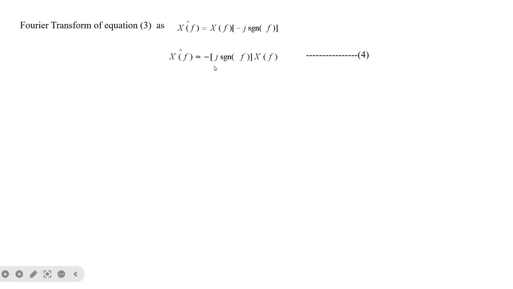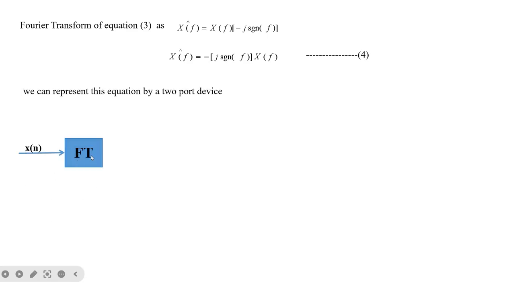Now we can represent this equation by a two-port device where the input will be small x of t and the output will be x cap of t, that is the Hilbert transform of x of t. So here what we'll do is we will take a signal x of t. Then we are finding the Fourier transform of this, so we'll get X of f.